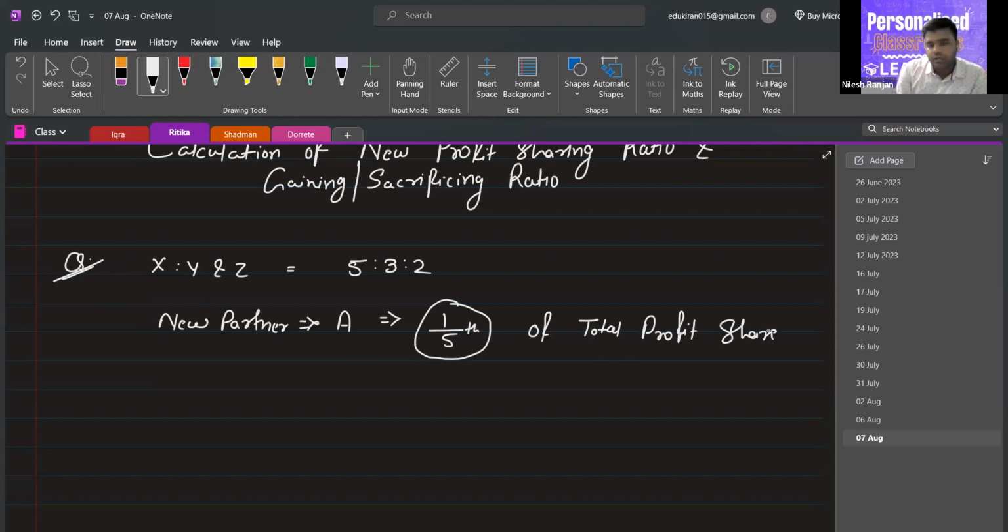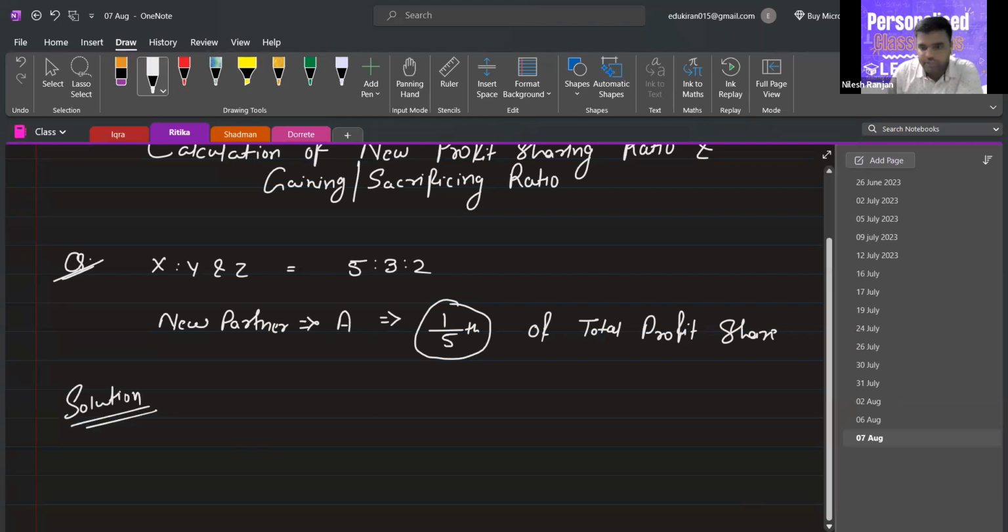Now, in mathematics, you have studied that if there is no information about the total share, then we assume it as 100%, 1 or X. Yes? Okay. So we can solve by taking any of these, but it will be easy for us to calculate when we assume the total profit share as 1. So first of all, we have to assume that the total profit share is 1.